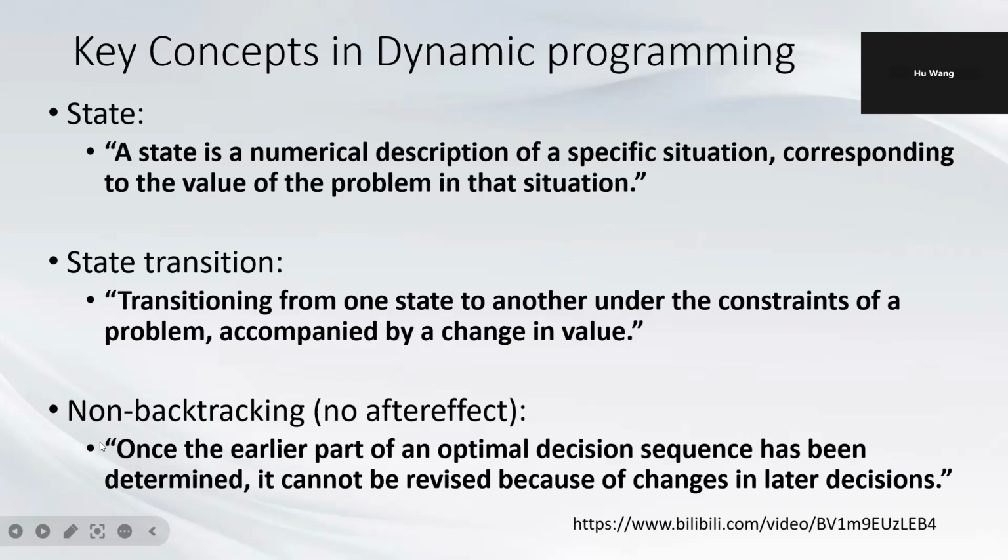And the third concept is backtracking, no after effect. Once the earlier part of the optimal decision sequence has been determined, it cannot be revised because of the changes in the later decisions. For example, like our first example, finding the coins. If you decide F10, it's fixed.